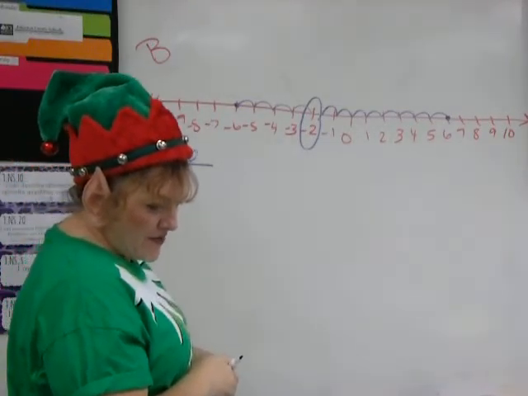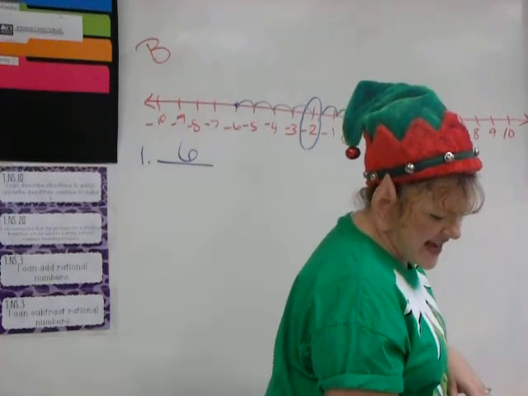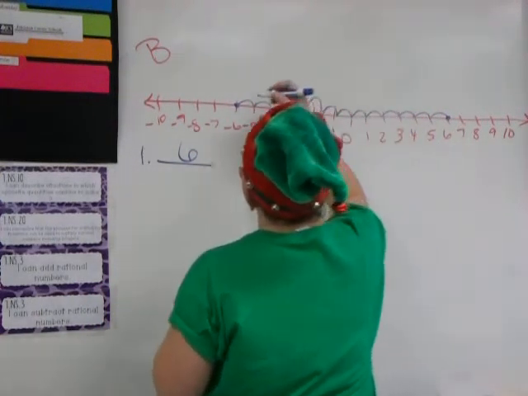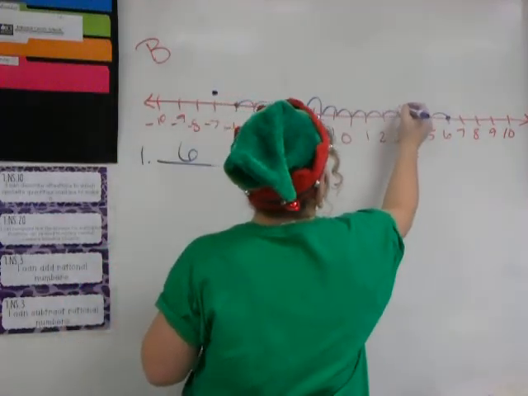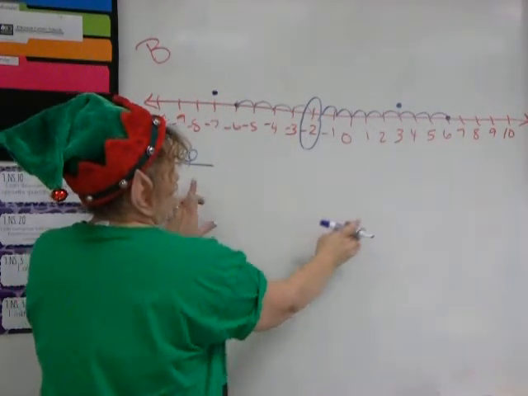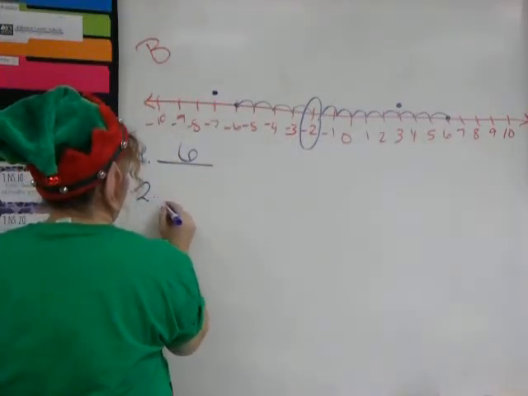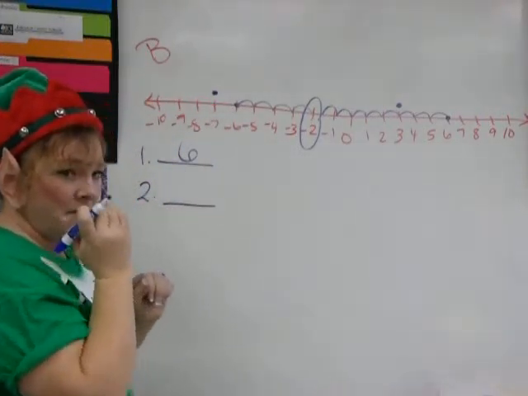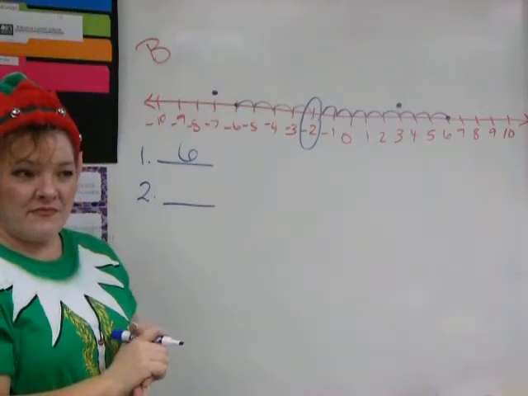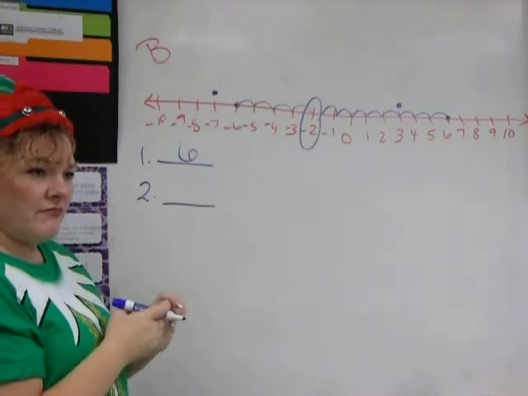The next set of numbers it wants us to look at is negative 7 and positive 3. Which one of these two is the furthest from negative 2? Negative 7. This one's a tricky one. Wait.